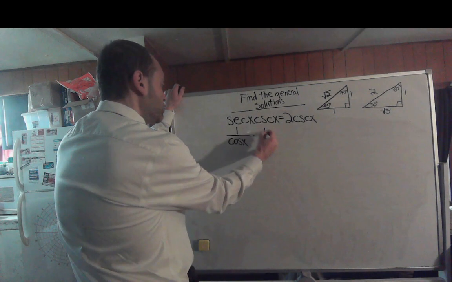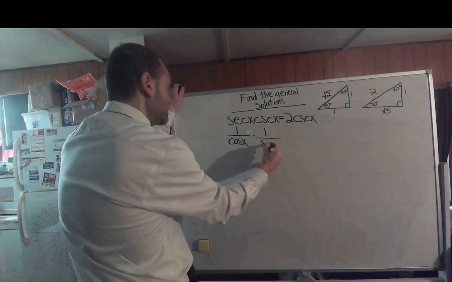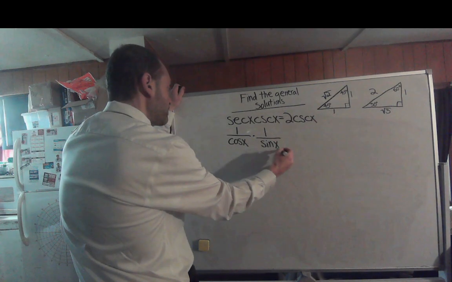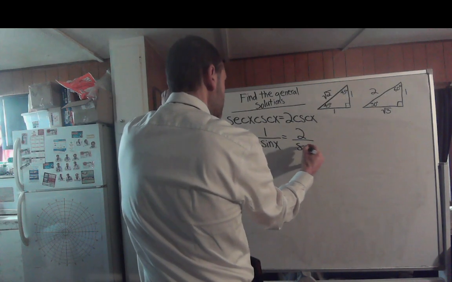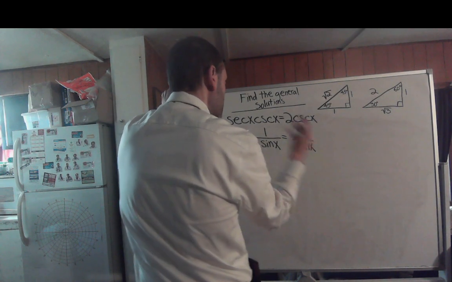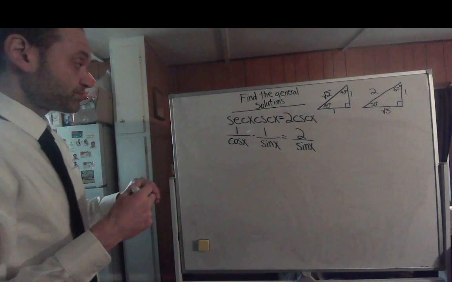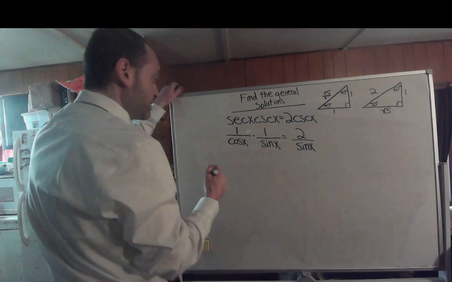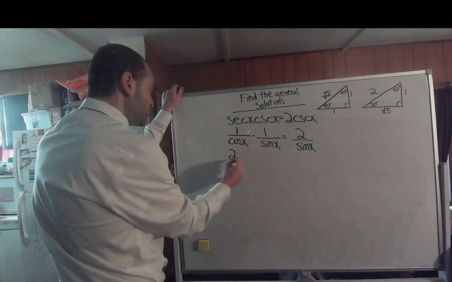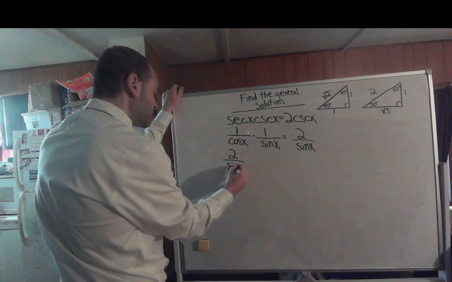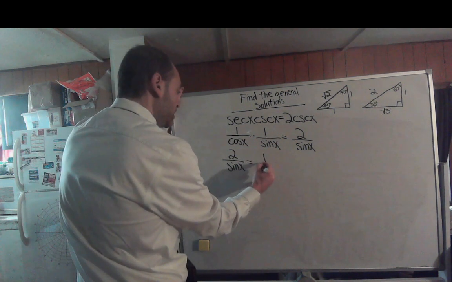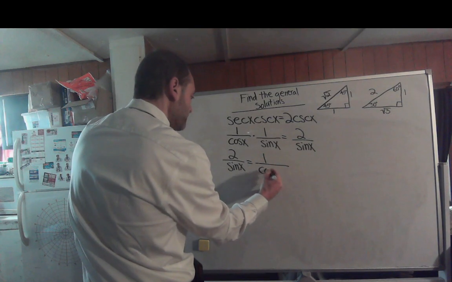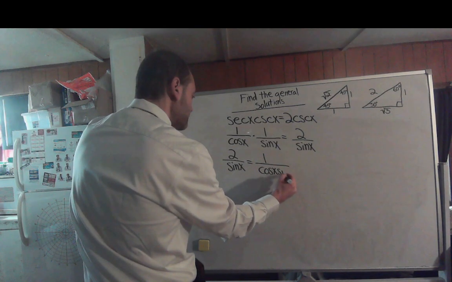This would be times 1 over sine of x. That would end up equaling 2 over the sine of x. Well, what you're going to be left with then is that 2 over sine of x is equal to 1 over the cosine of x sine of x.